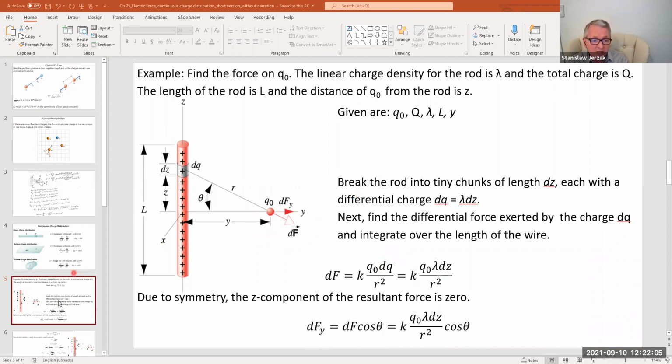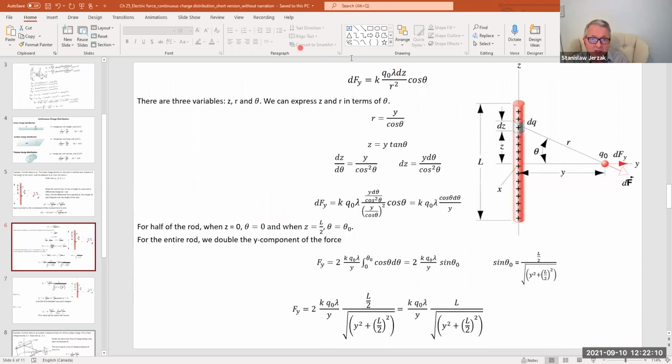Remember, this is the expression which I have rewritten from the previous slide, that element dfy, this component, is given by this expression, and this is the force only due to one element. But now I have to use the superposition principle. Now I would have to take all elements of the rod, divide the rod into an infinite number of little elements, find that component due to each element, and find the sum.